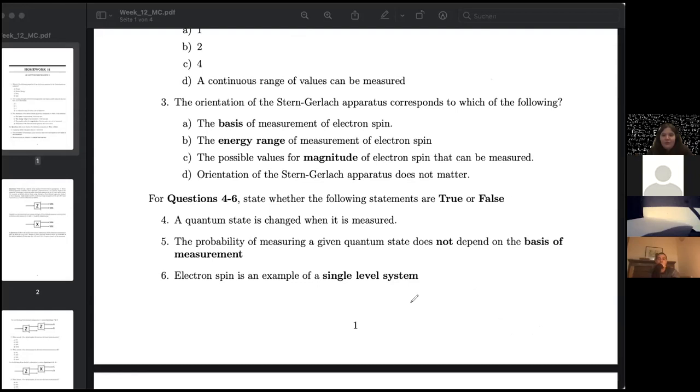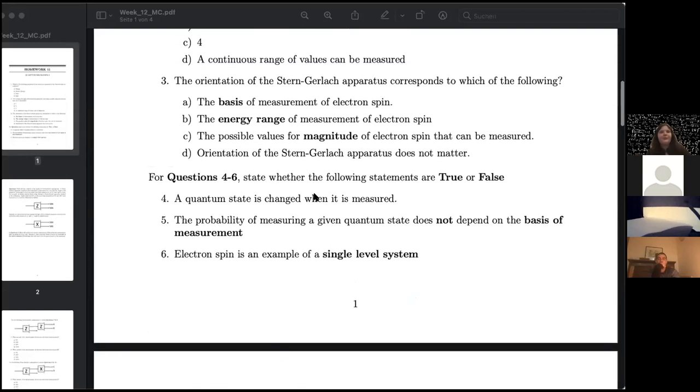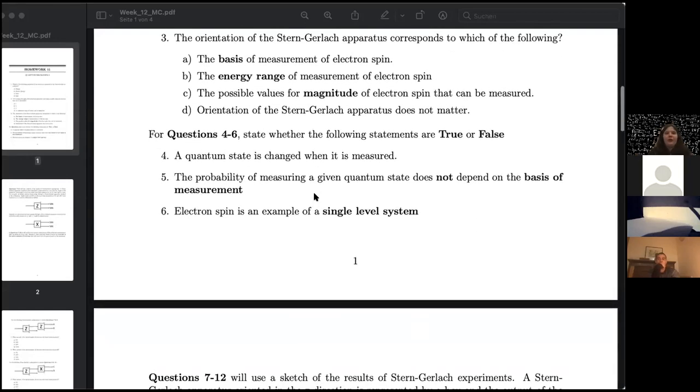Okay, now we have a few true or false statements. The first one is, a quantum state is changed when it's measured. This is true. This is a big problem for some experiments we do in quantum mechanics, but also a big advantage for something like quantum key distribution, which we need for quantum cryptography.